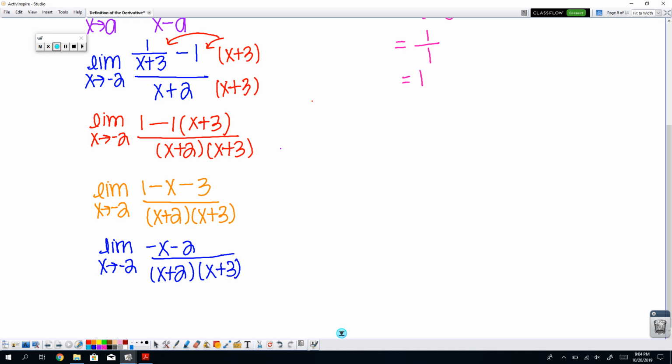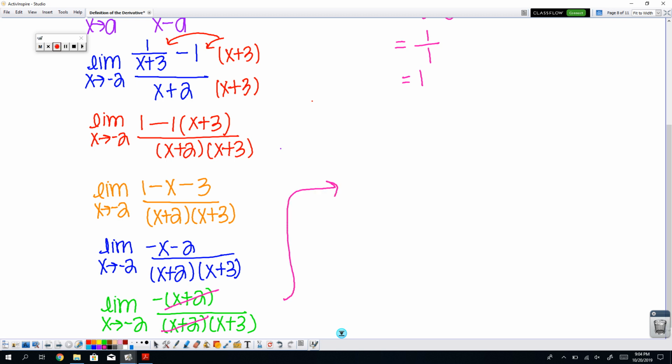I know this is very tedious. I get that. I agree. Okay? But now what we're going to do is we can factor out the negative up top, and then we'll get to cancel things out, and everything will be much nicer. Okay? So now cross out, cross out.